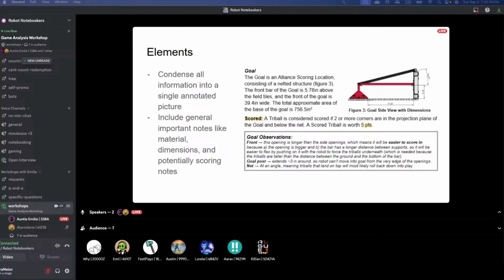You can show the element, or if it's not an element, say it's a goal like this over-under goal, you can show that and also have notes like dimensions out to the side, and it'll help reduce the amount of space that your game analysis is taking. In addition to that, you'll want to include some general important notes like the materials, the dimensions, and even potentially how to score. So like your SC rules might go here.